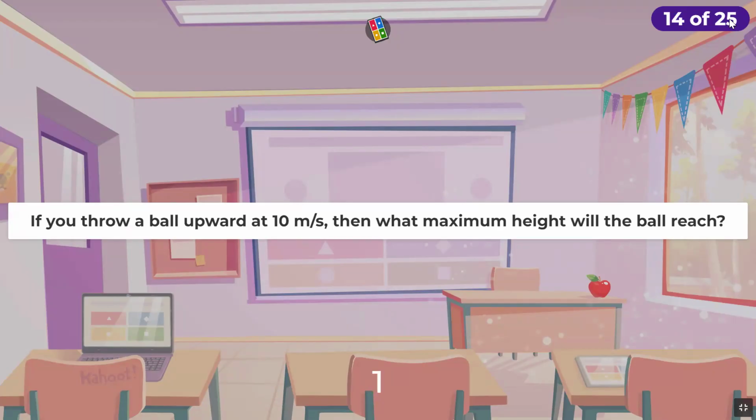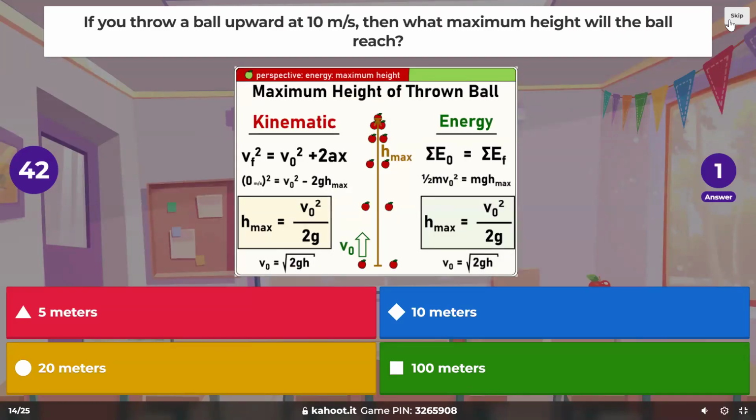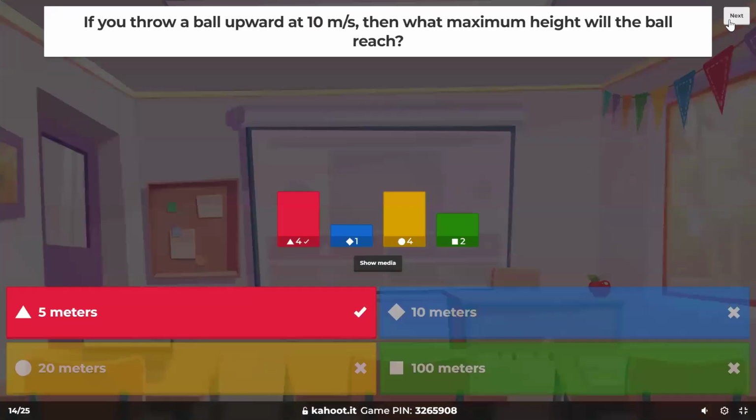How high does the ball go? Five meters. Okay.